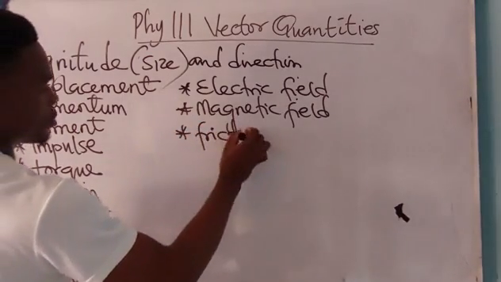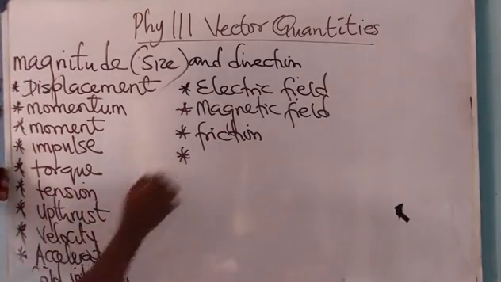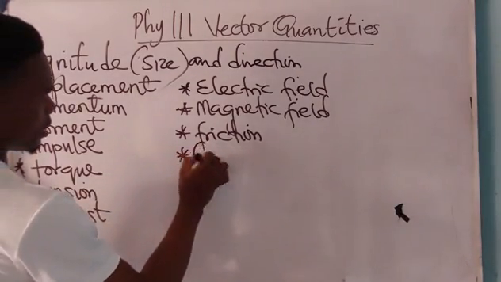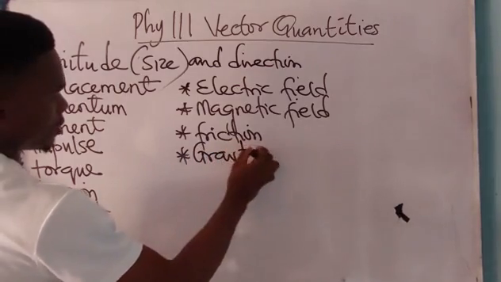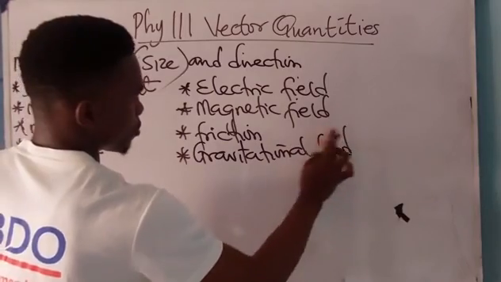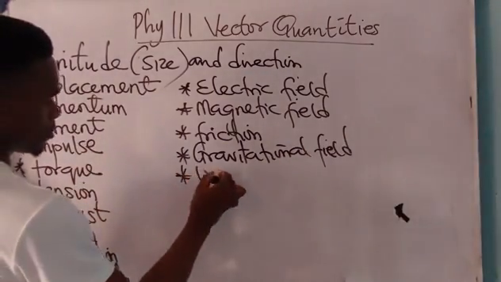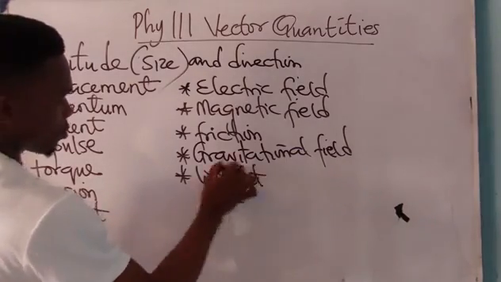Friction is a vector quantity. Gravitational field is a vector quantity. We now have weights. Weights is a vector quantity.